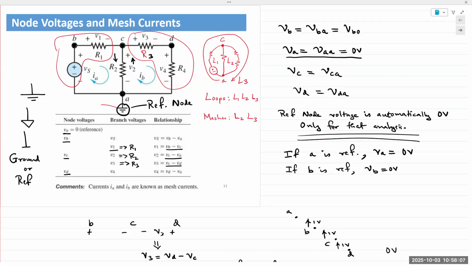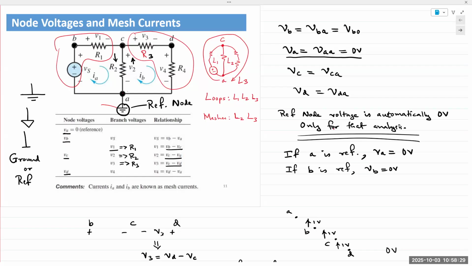So once you choose a reference node, for the purposes of that analysis, the value of that node is equal to 0 volts. So you have eliminated 1 node. So 1 less equation.